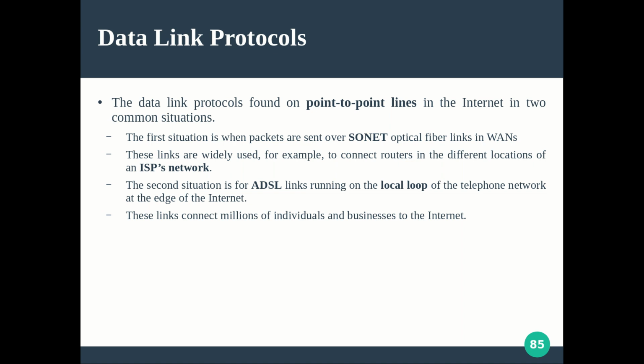Inside the subnetwork, which is made up of the backbone network, you can see the SONET kind of optical fiber network, which is one of the popular ones. So if it is a backbone network, or a subscriber loop by which the user is trying to connect to the actual subnetwork, in both cases we need some kind of point-to-point lines and point-to-point data link protocols.